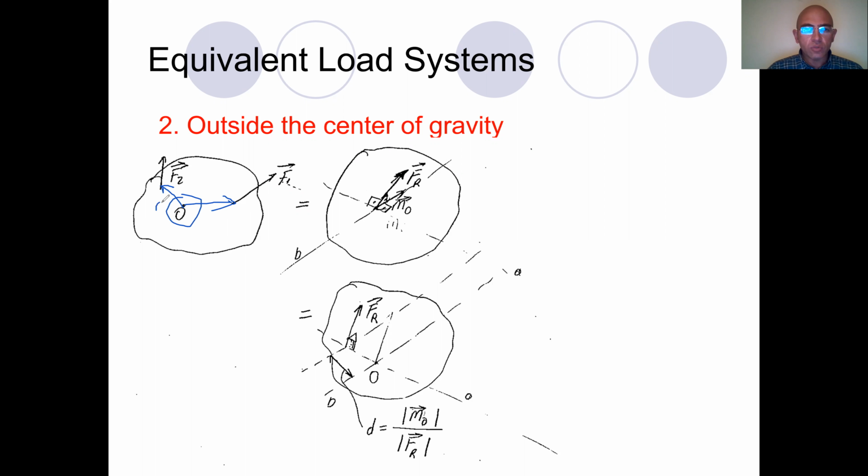This is R2, for example, and this is R1, for example. At the center of gravity, you will have the resultant force, which is perpendicular to the area or surface.